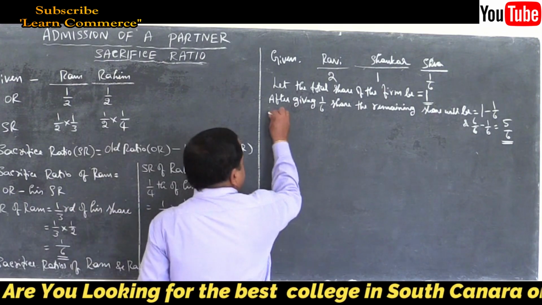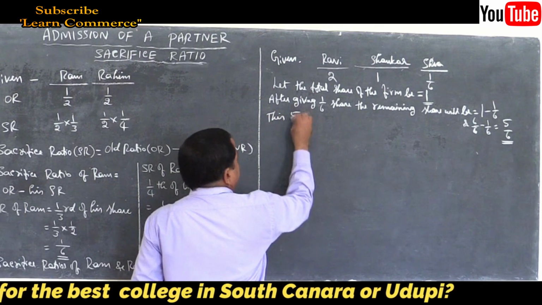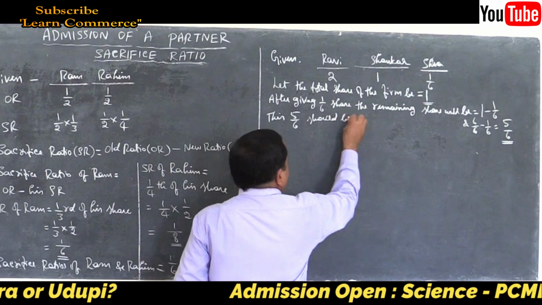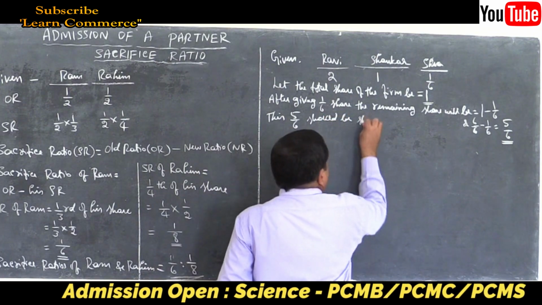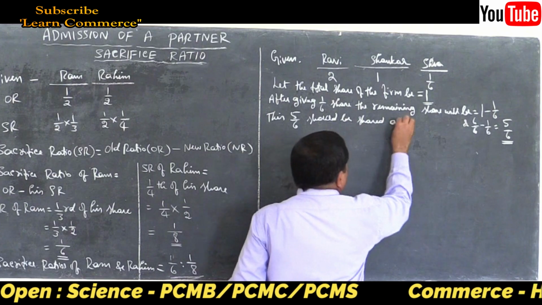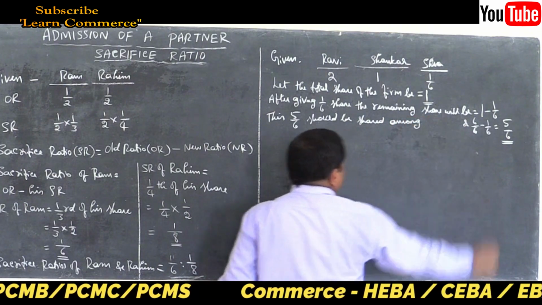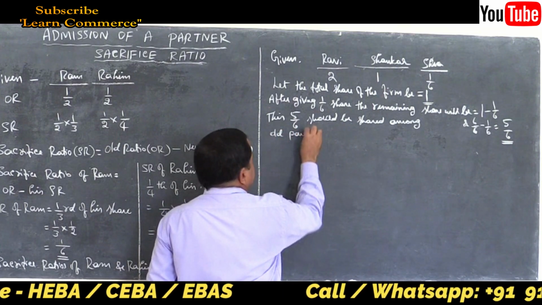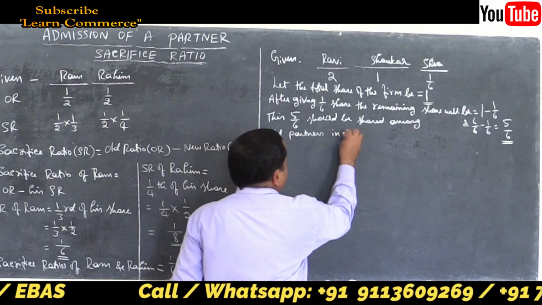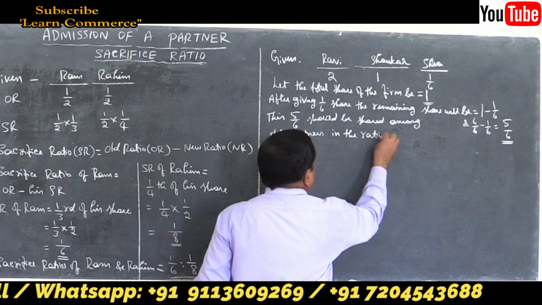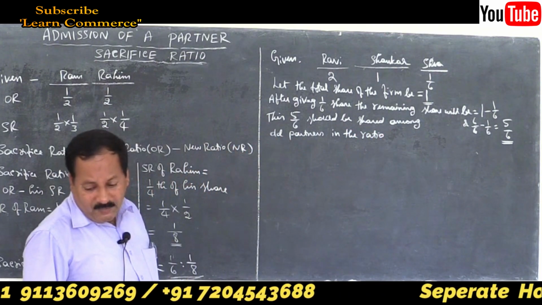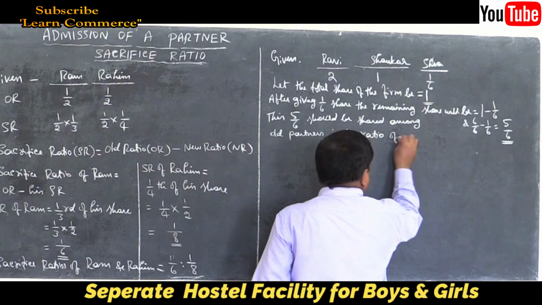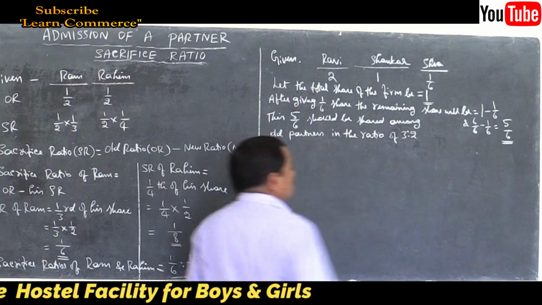This 5/6 should be shared among the old partners in the ratio of 3:2.